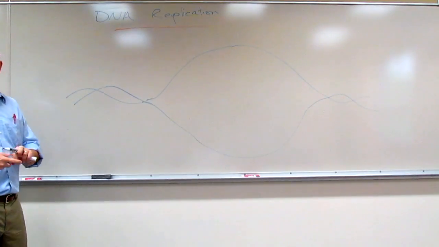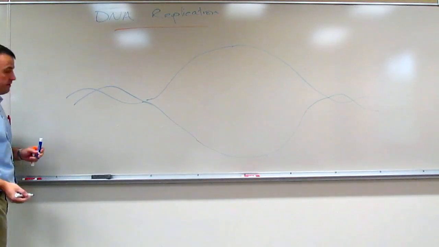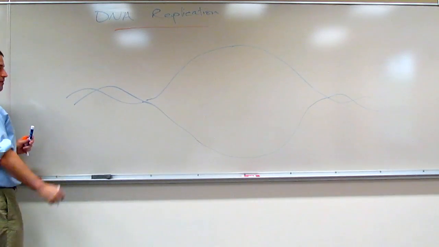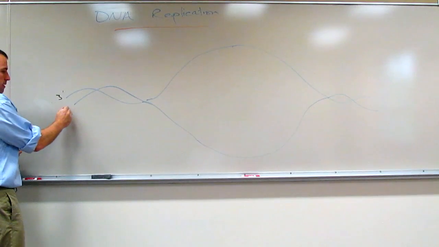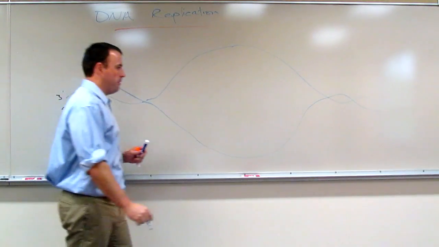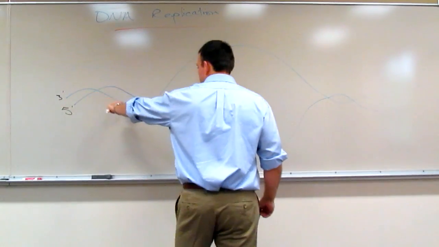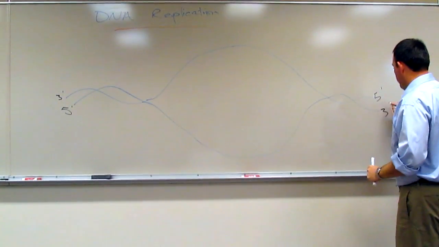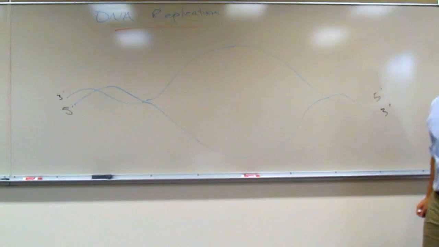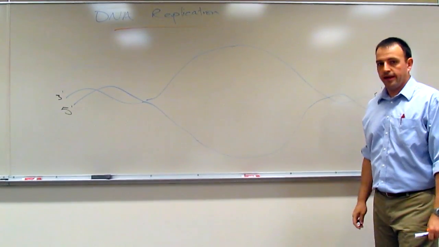Then we need to assign polarity to each of our DNA molecules, because all of our DNA molecules run in the 5' to 3' direction. So I'm going to say 3', 5', 3', 5', and 3'. So we have an anti-parallel double helix of DNA.